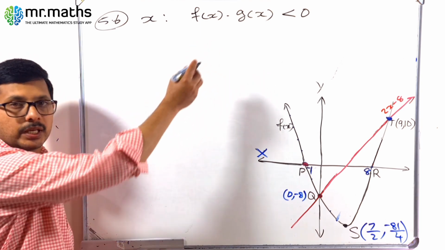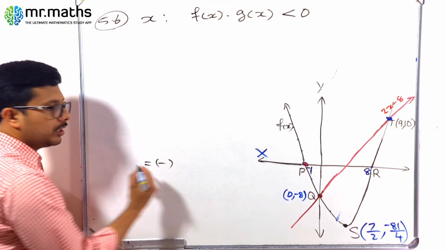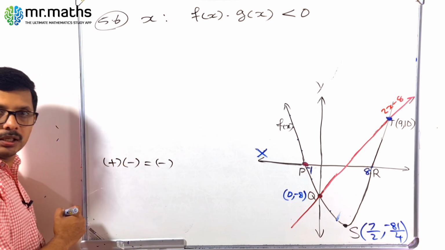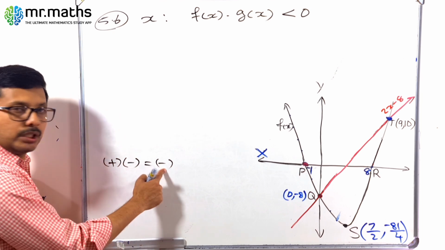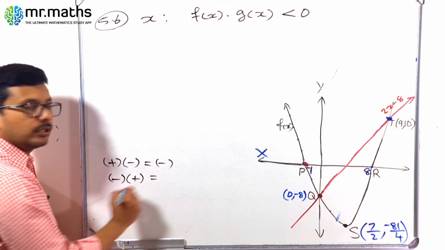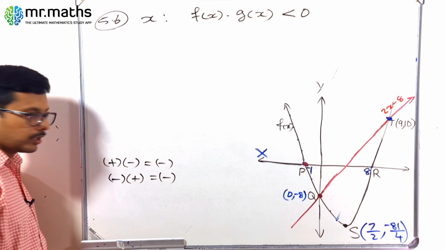Less than 0 means negative. So if you want to get a negative answer, either the first one is positive and the second one is negative, positive times negative is negative, or the first one is negative and the second one is positive, then also the answer is negative.